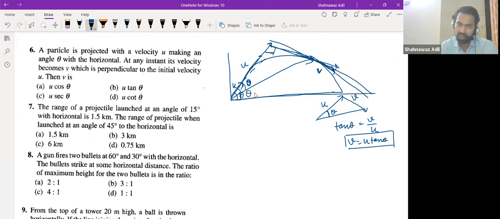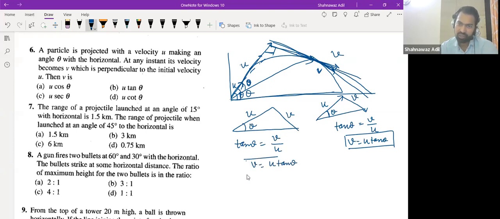So this is theta, this is V, and this is U. So this is the proper diagram. Then your tan theta would be perpendicular by base. So V is U tan theta. Okay, this is how you make this diagram. Understood, everyone? Yes, sir. Okay, so please note it down. And if you have any confusion, please ask.